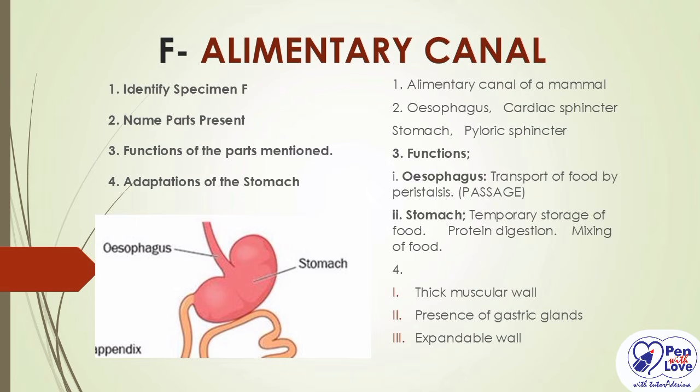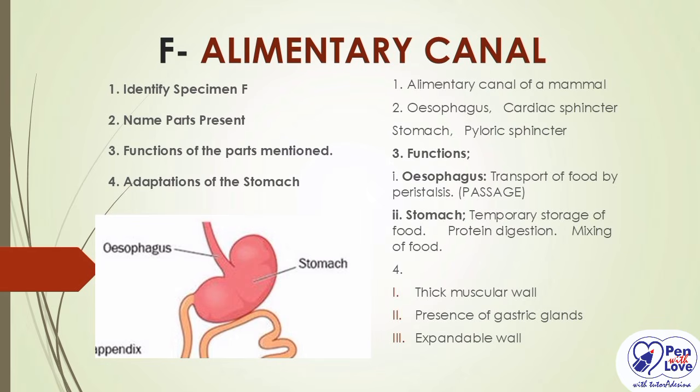Mind you, when you say alimentary canal, it means the food. So make sure you signify the parts given to you. The major two parts we have there are the esophagus and the stomach. But we also have the cardiac sphincter, which is the muscle that holds food tight after the food has gotten into the stomach, so that it will not go back to the mouth.